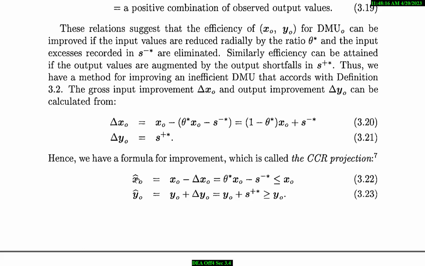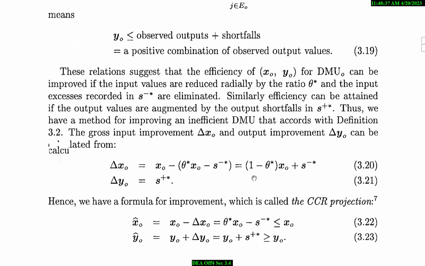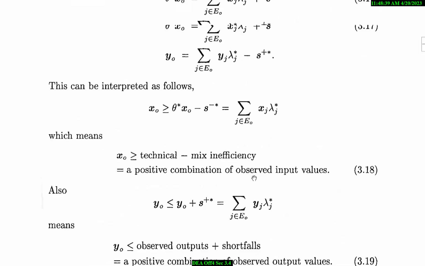For the inputs of DMUO, if it can be better, we should have XO minus delta XO, that is these values. Of course, we have defined this before also.